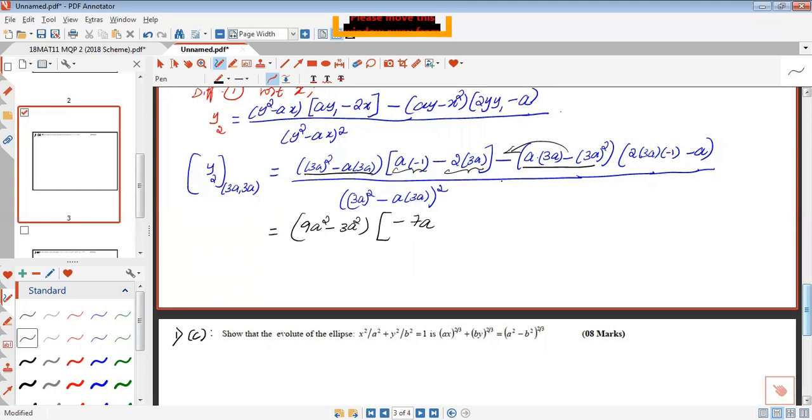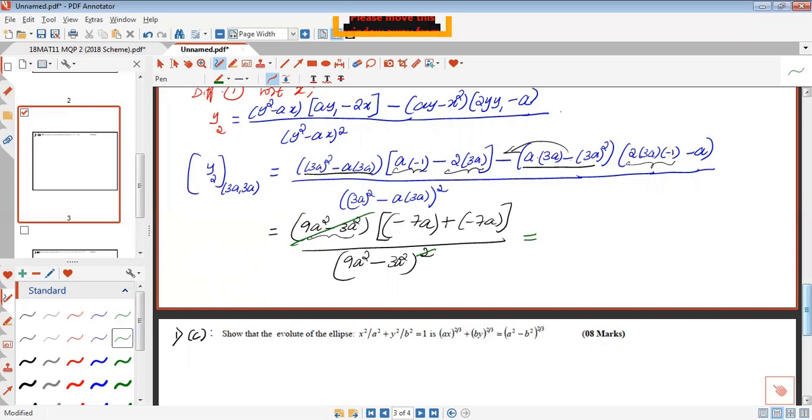Then here this minus sign is outside, so this is a plus sign. And 9a square minus 3a square is already taken out here, and the remaining term is minus 6a minus a, again minus 7a. And the denominator we have is 9a square minus 3a into a, that is 3a square, that whole square. Further, the common term, that is 6a square here, gets cancelled.